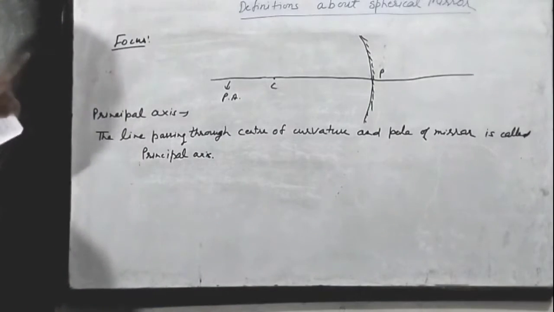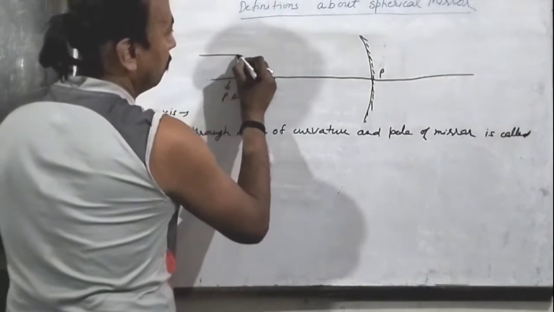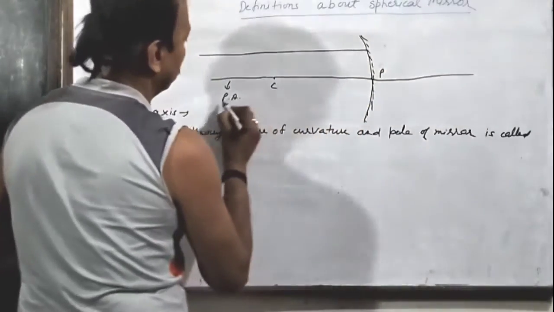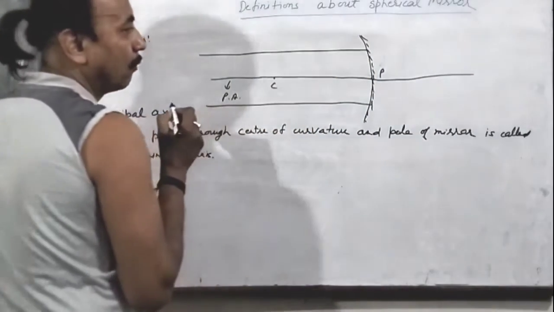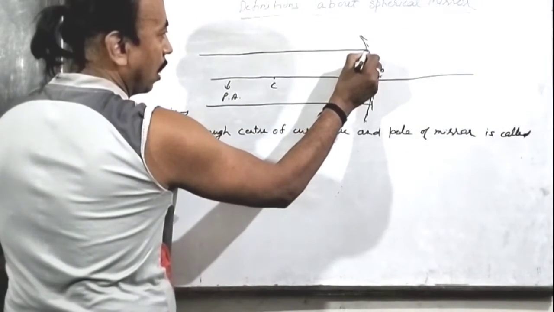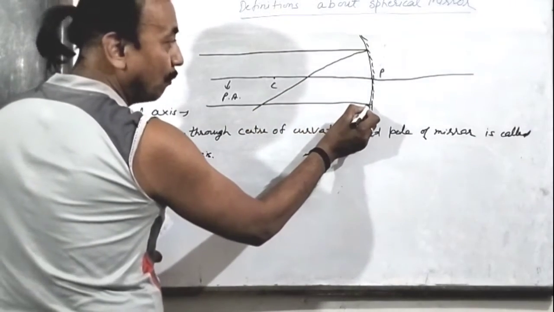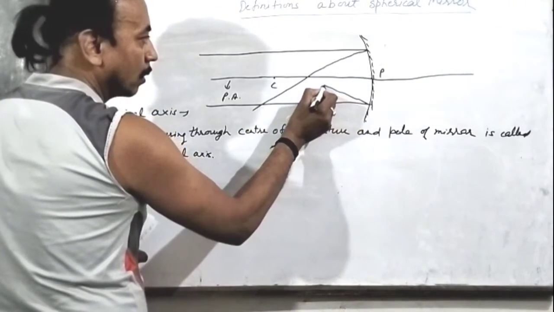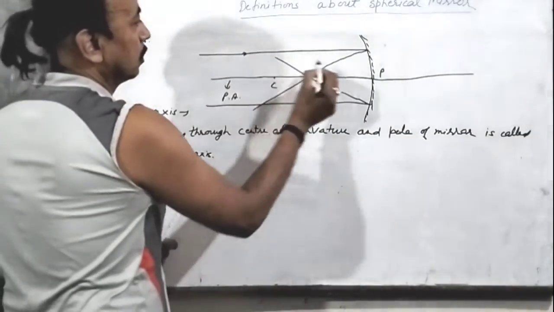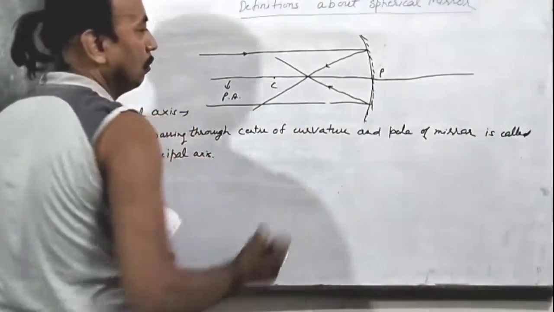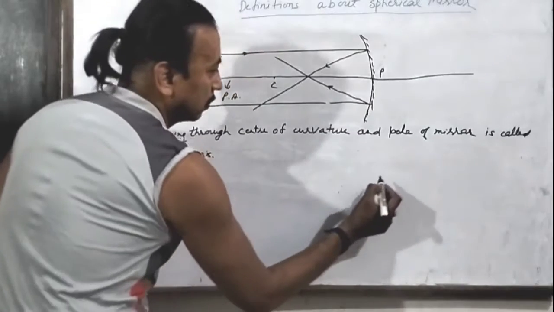Now the definition of focus: all rays parallel to the principal axis, after reflection, either pass through a fixed point on the principal axis. This fixed point is called focus. We have said either passing through or appearing to come from focus.